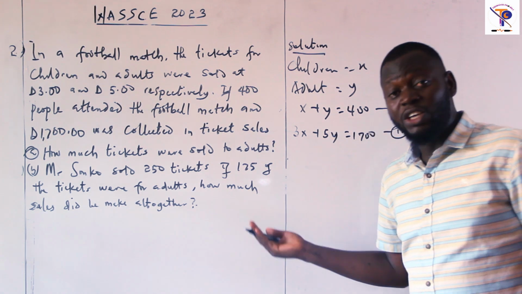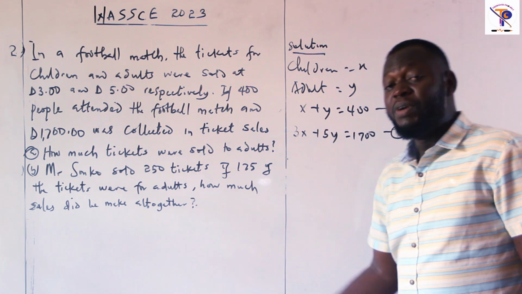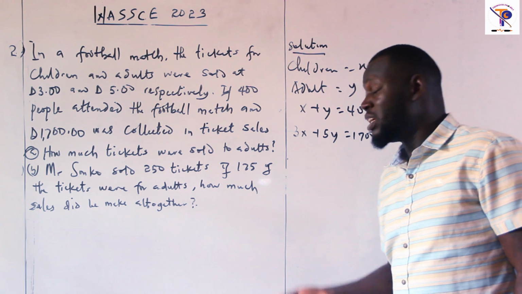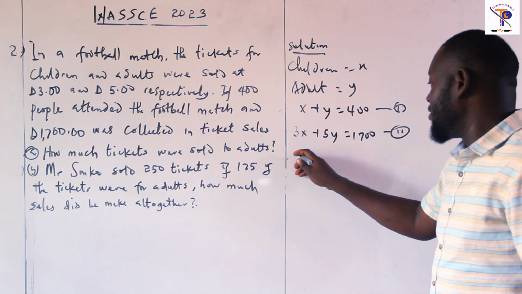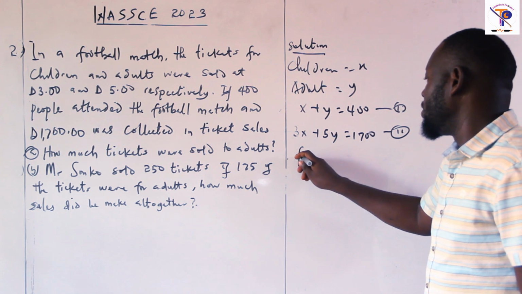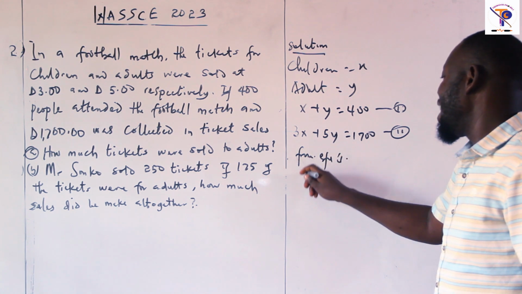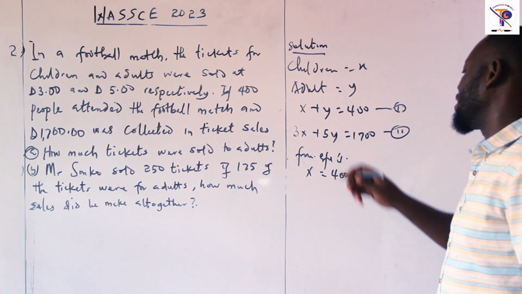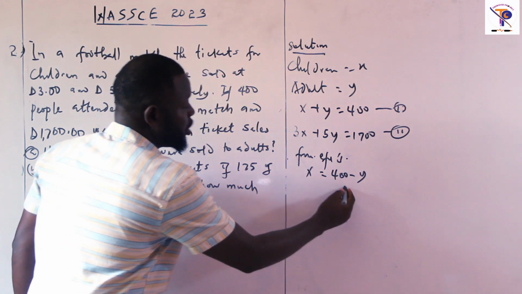So I can use any of the simultaneous equation methods, the elimination, the substitution, the graphical, any one. But using the substitution method, from equation 1, x can be equal to 400 minus y, then I can substitute this one here.